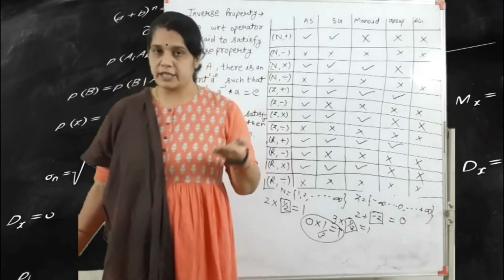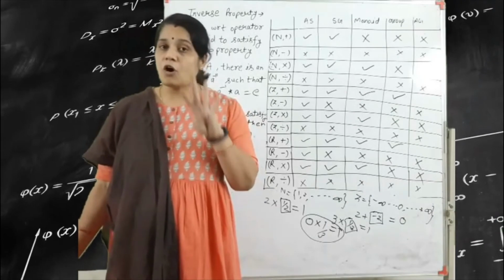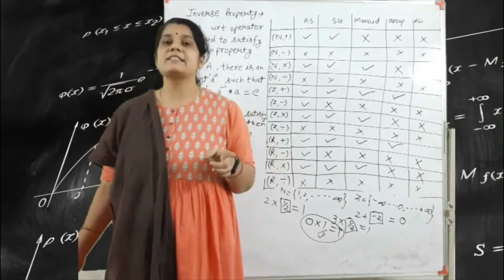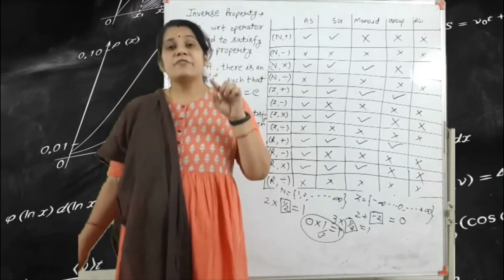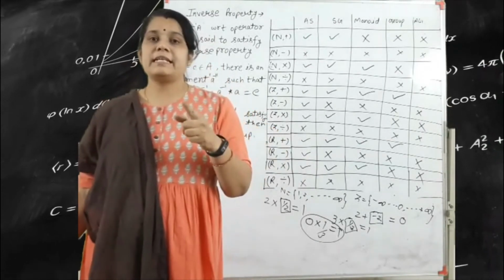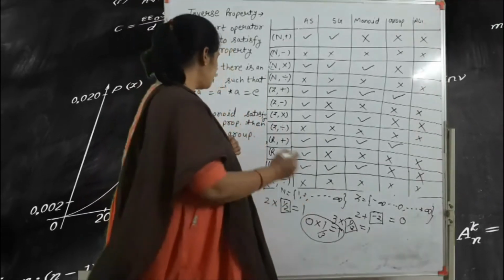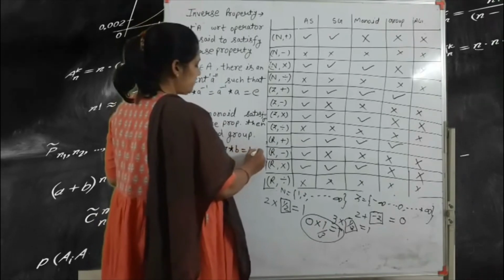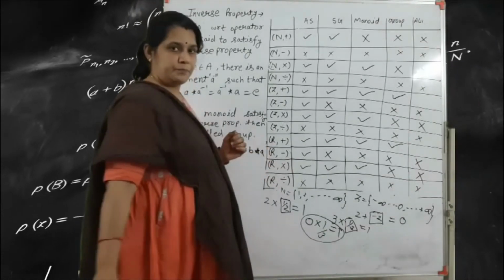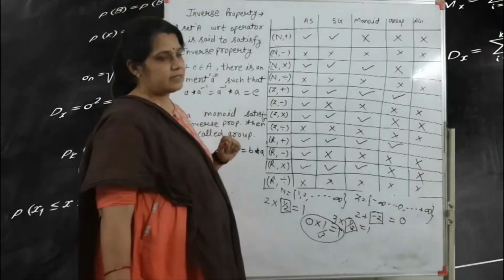If a set A with respect to a given operator satisfies all four properties, then we can say that this is a group. And beyond that we check one more property, the fifth property, the commutative property. What do we mean by the commutative property? It means A star B is equal to B star A. If this property is satisfied, then we can say that this is an abelian group.